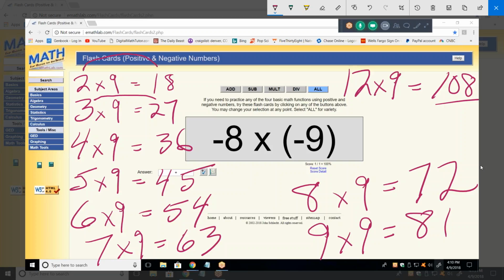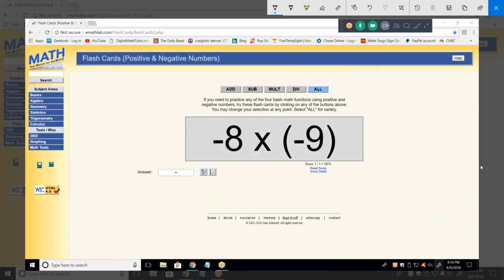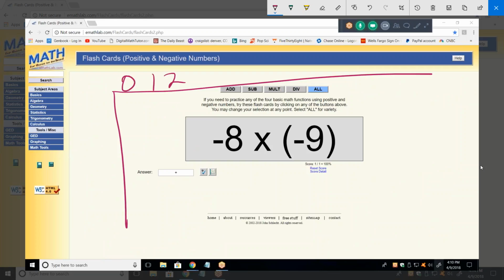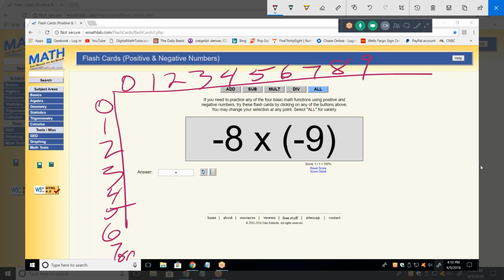Now, the reason I said that'll only take care of 10 is because you have 100. When you're trying to memorize your multiplication tables, what you have is this. You have 0, 1, 2, 3, 4, 5, 6, 7, 8, 9, and you have 0, 1, 2, 3, 4, 5, 6, 7, 8, 9.